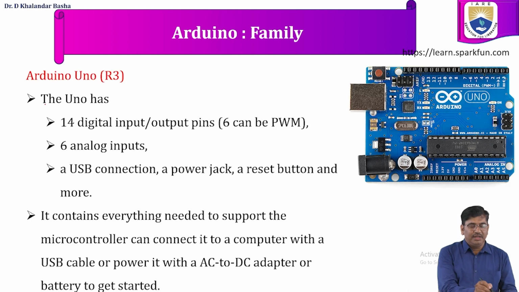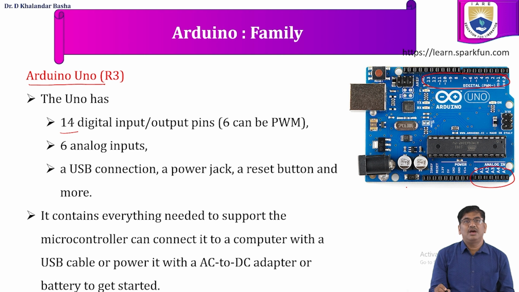Under the Arduino family, the first one we are going to discuss is the Arduino Uno R3. This Arduino Uno has 14 digital IO pins, pin number 0 to pin number 13, out of which 6 can be used as pulse width modulation, and we have 6 analog inputs, a USB connection, a power jack, a reset button, and more on the Arduino Uno R3 board.